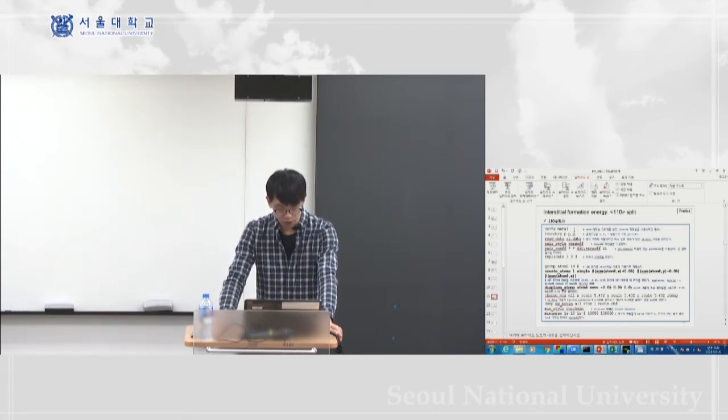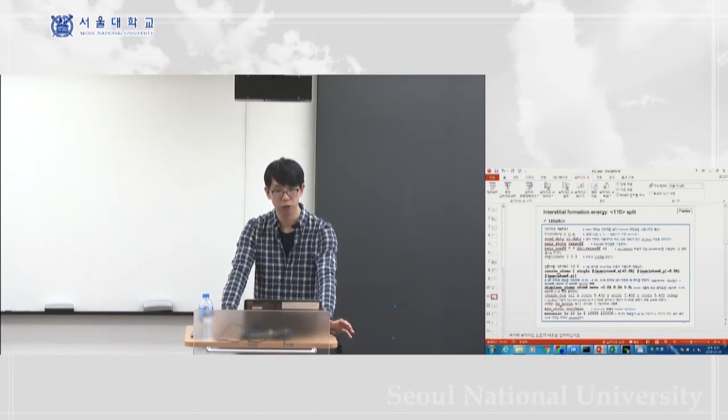So the first lines are similar to the previous ones. We're going to make a 3x3x3 supercell, and we're going to create 1 more atom in the 1-1-1 split position.